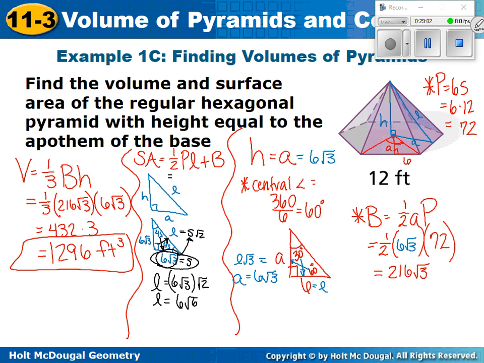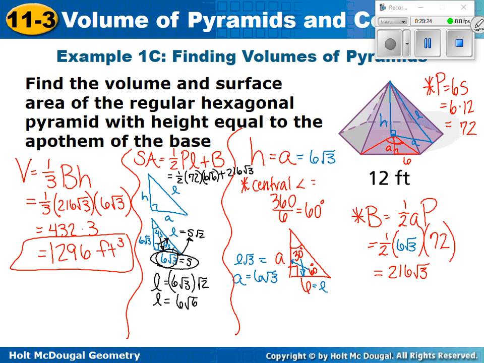Surface area. We have 1/2. What was the perimeter? 72. What's the slant height? Careful, slant height. 6 square roots of 6 plus what was the area of the base? 216 square roots of 3. All right, let's simplify.